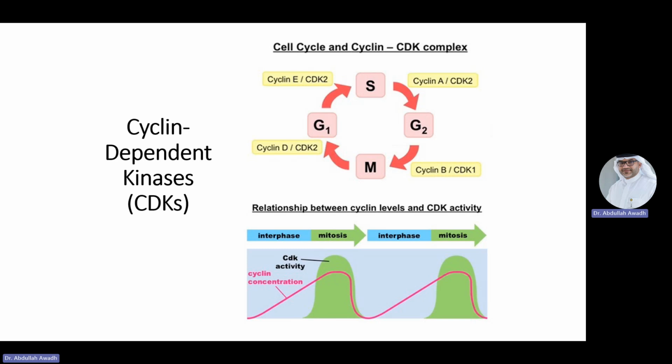So the relative abundance or relative concentration of these CDKs and their cyclins is what determines the driving force of the cell cycle to move forward, or to stop and terminate, based on meeting the conditions or the presence or absence of damages.